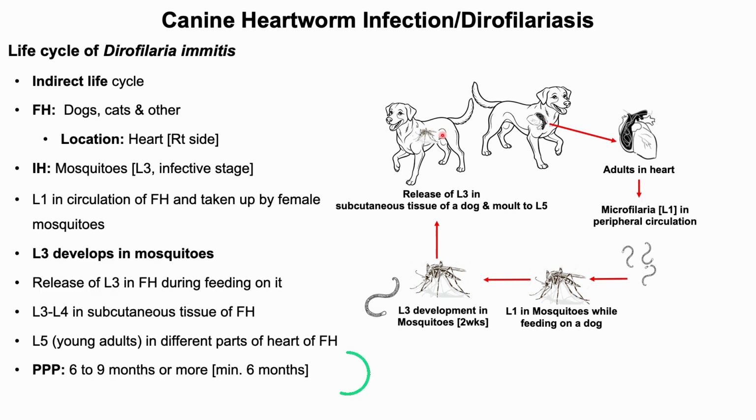The prepatent period for this parasite varies from 6 to 9 months, but it takes a minimum of 6 months. Remember that adult worms can survive 5 to 7 years, but the microfilariae may stay viable after 2 years.